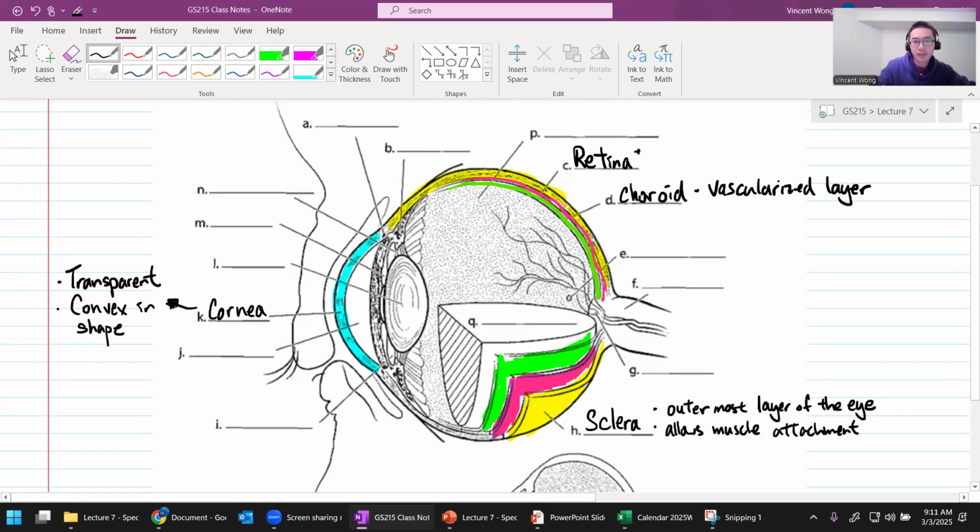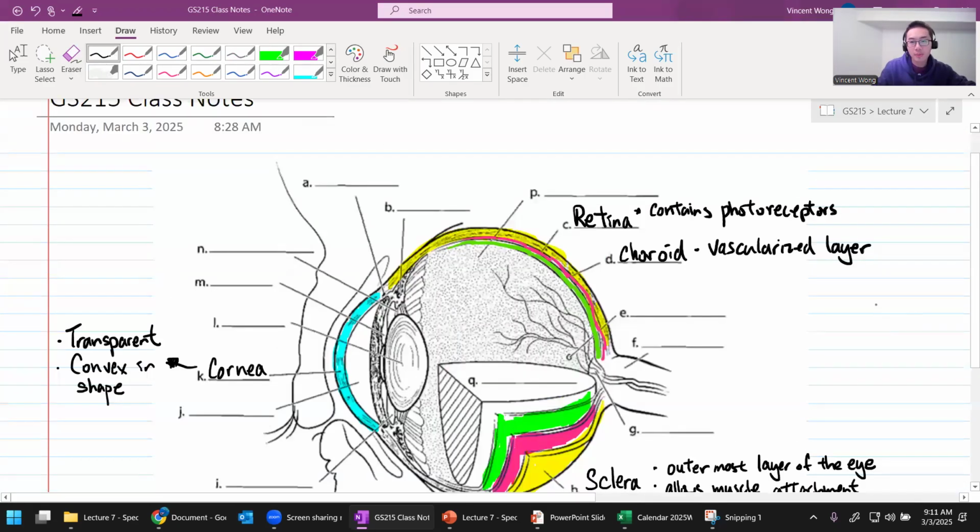This is the layer that contains photoreceptors. And remember, there are two types of photoreceptors: cones, which detect red, blue, and green, and rods, which are for night vision and peripheral vision. We wrote it down in the PowerPoint slide.